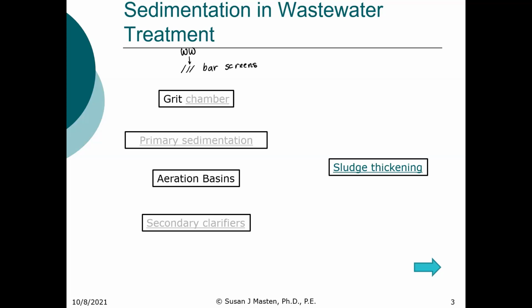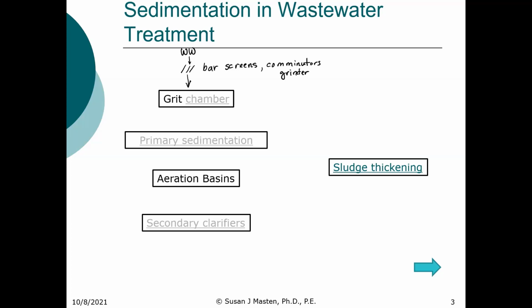This includes bar screens, comminutors, grinders, operations that are used to take larger material and grind them into smaller particles that won't harm the pumps, won't clog piping, or to actually remove that material.